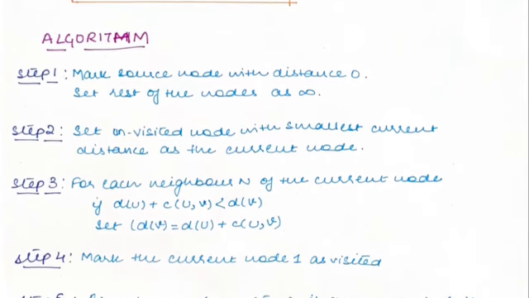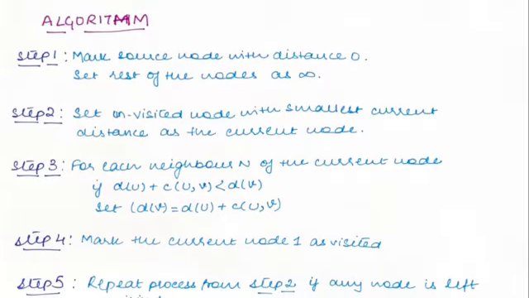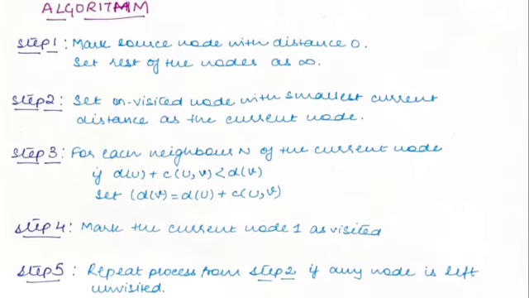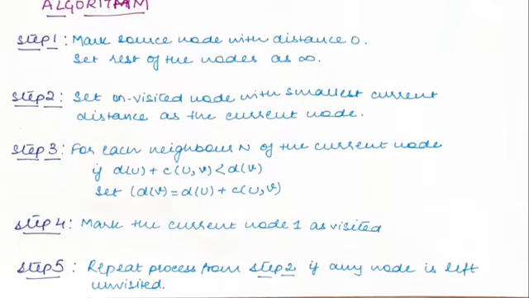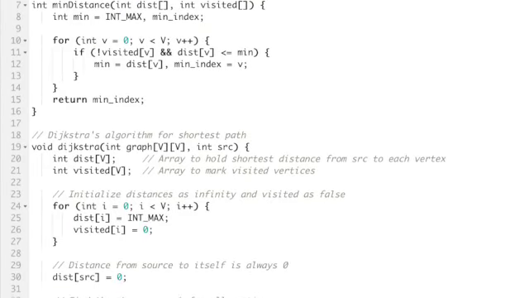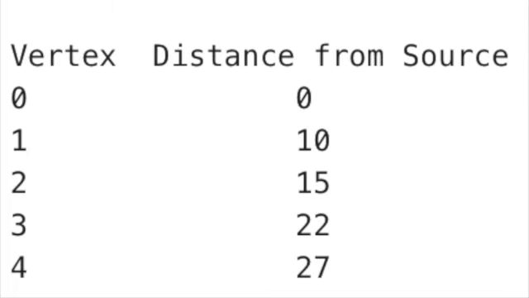It then visits the neighbors of this vertex and updates their tentative distances if a shorter path is found. Now this process continues until the destination vertex is reached or all the reachable vertices have been visited. A code for Dijkstra's algorithm is displayed on the screen, which helps us find the shortest path possible.